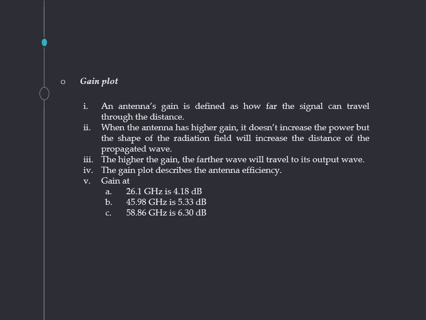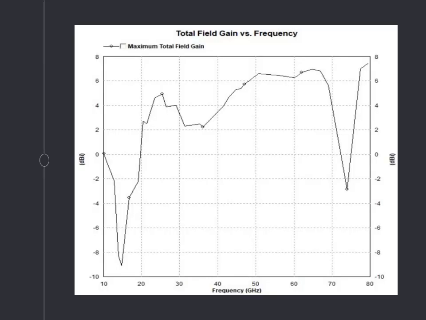It is defined as how far the signal can travel through the distance, and it is always better to have more than 3 dB gain. For 26.1 GHz, we have got 4.18 dB gain. For 45.98 and 58.86 GHz, we have got 5.33 and 6.30 dB respectively.